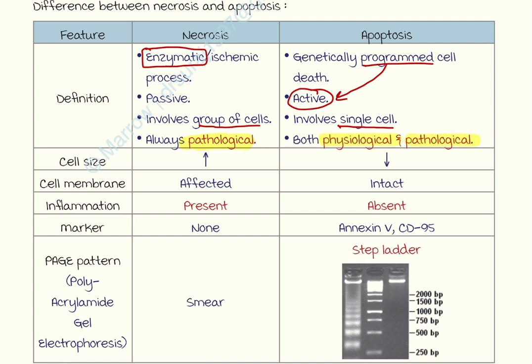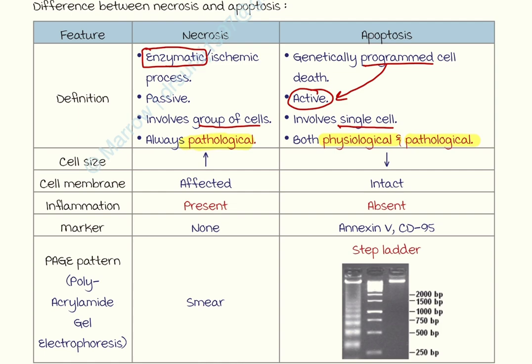Physiological apoptosis examples: in embryogenesis and organogenesis, the remnants undergo apoptosis; involution of hormone-dependent tissue upon hormone withdrawal; endometrial shedding is also an example.